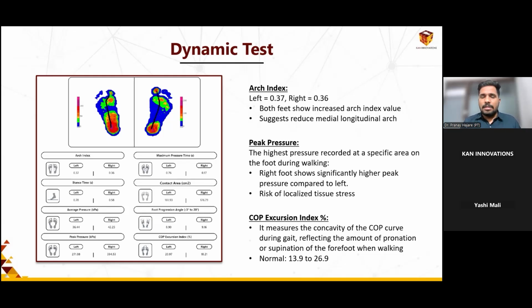That ratio will be calculated. Normally the ratio should be from 0.21 to 0.26. If the ratio is more than 0.26, it indicates the person has a flat foot condition.